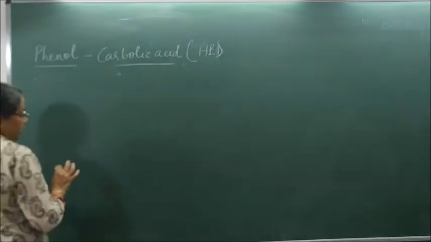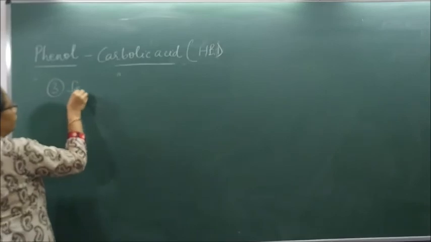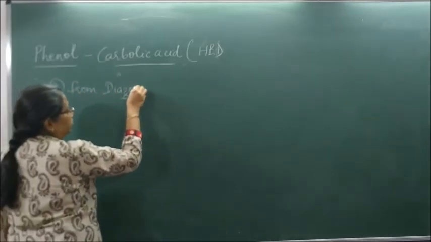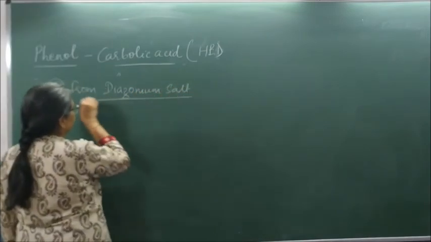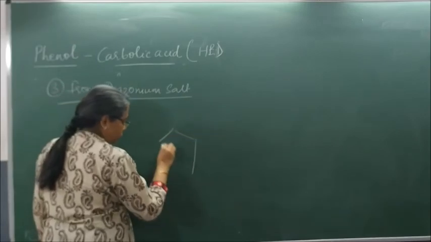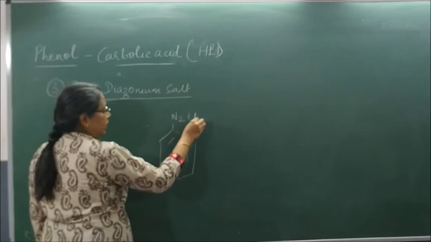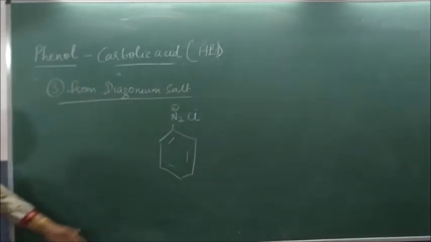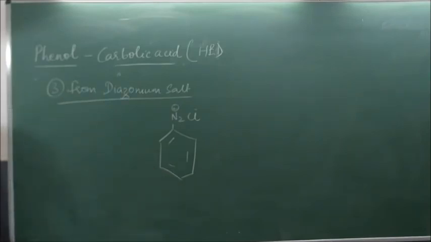Now let us understand. Again, I will write here third method of preparation. From diazo salt. Diazo means N2. Diazonium salt. So what are diazonium salt? This is my diazonium salt, C6H5N2Cl. How did we start?